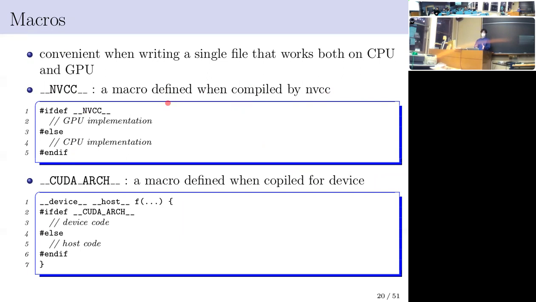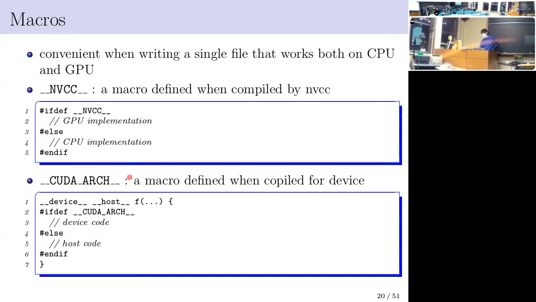This is sometimes convenient and necessary when you would like to have a single source code that is sometimes compiled using NVCC and sometimes compiled by other ordinary host compilers like GCC or Clang. This is what you typically do to have a single source code with two different implementations for GPU and CPU.